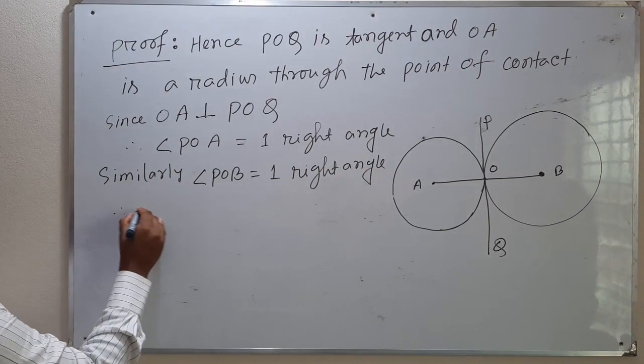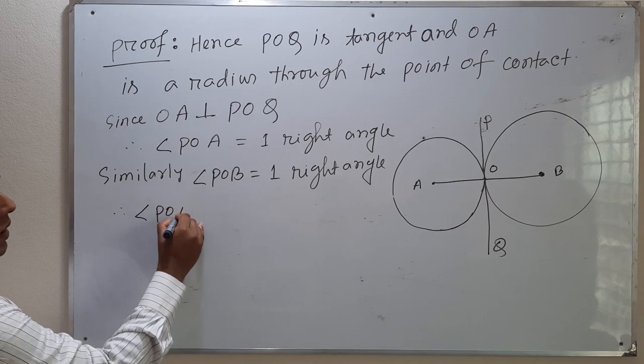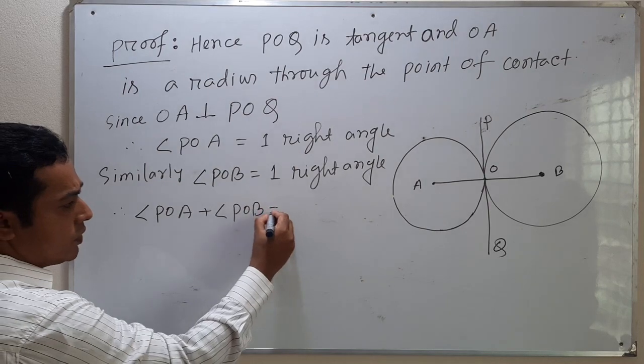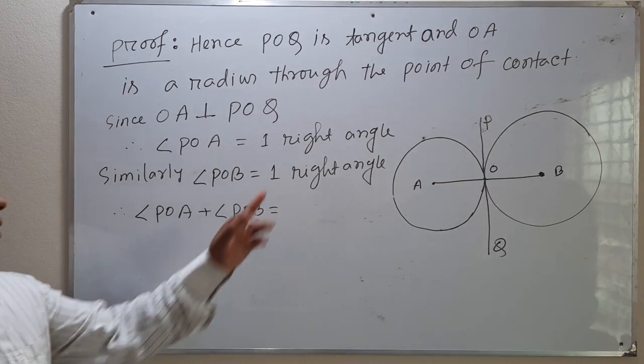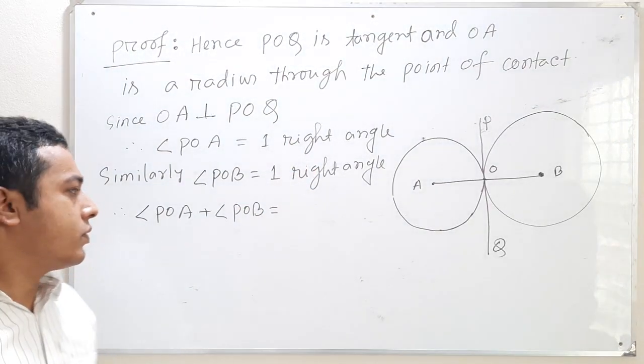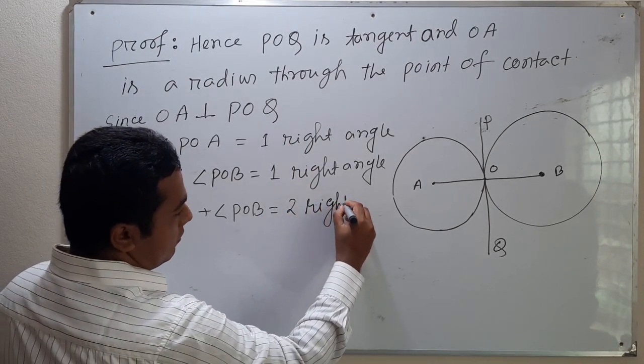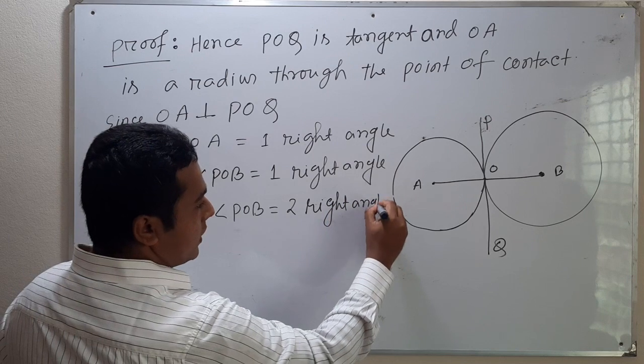So angle POA plus angle POB is equal to 1 right angle plus 1 right angle, which is equal to 2 right angles.